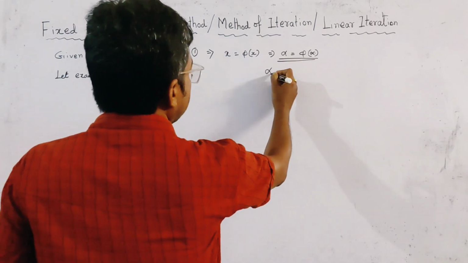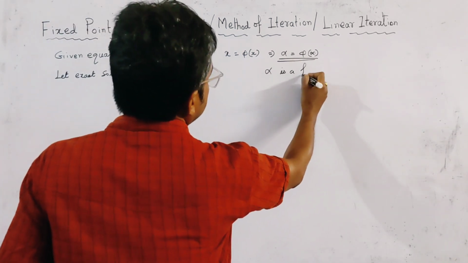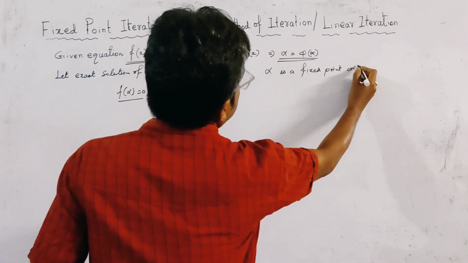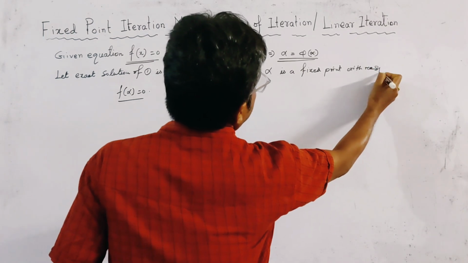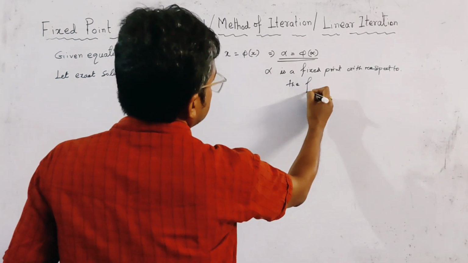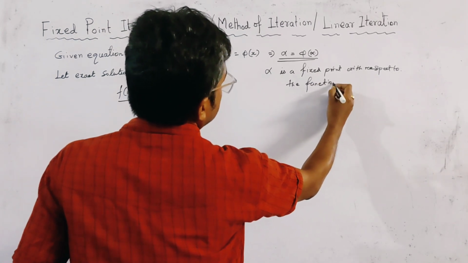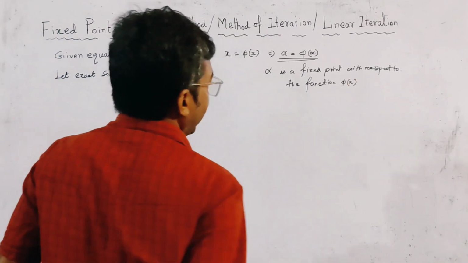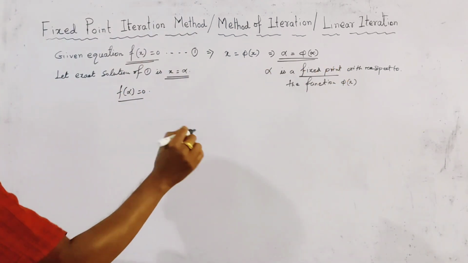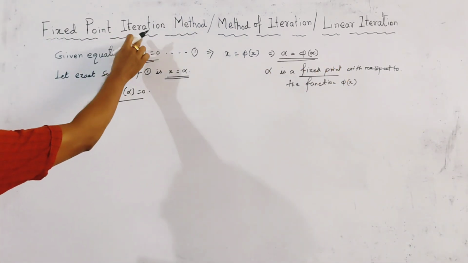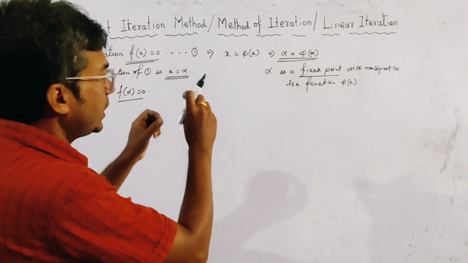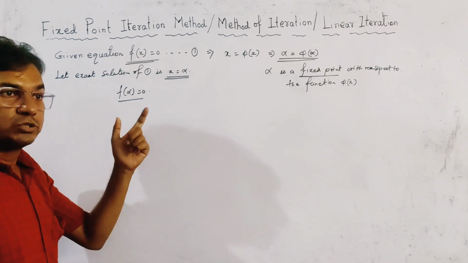So alpha is a fixed point with respect to the function phi(x). Since alpha is a fixed point, this method is known as the fixed point iteration method.